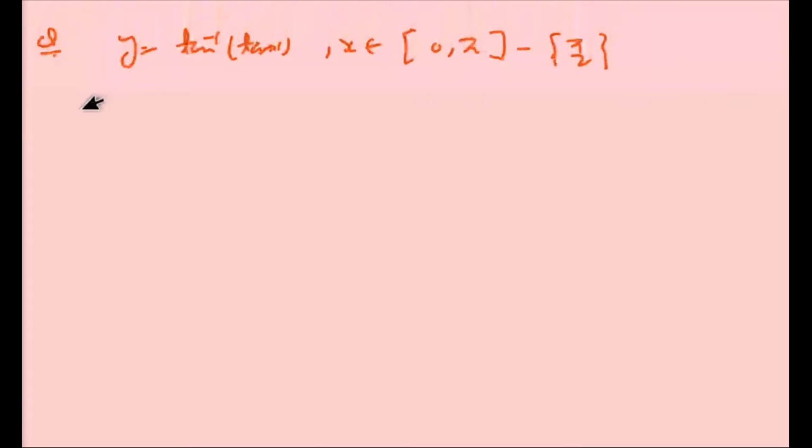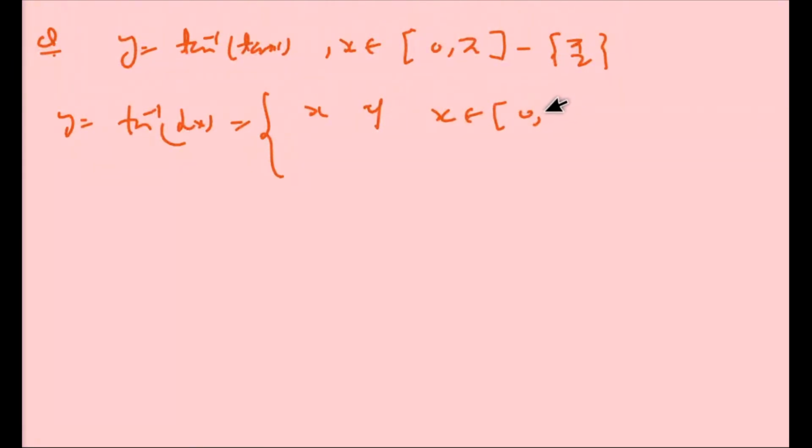Okay, so again we will say this tan inverse tan x will be equal to x if x belongs to 0 to pi by 2, but not including pi by 2.